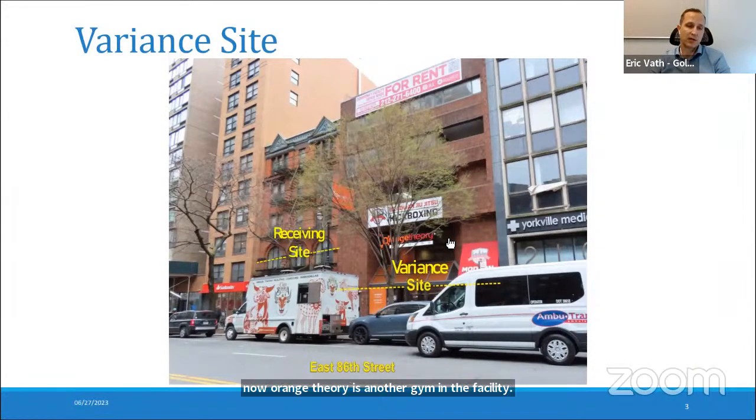It opened up recently in 2021. The 3rd and the 4th floor of the variance site building are currently vacant. The receiving site is next to it. That's located to the east of it. And that again is the Postgraduate Center for Mental Health.